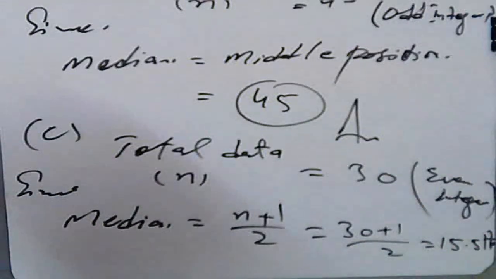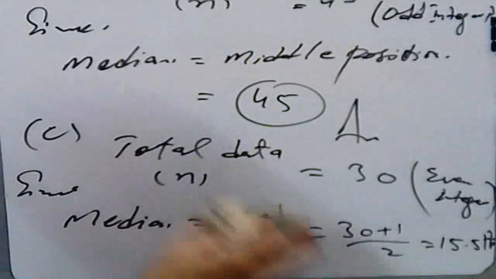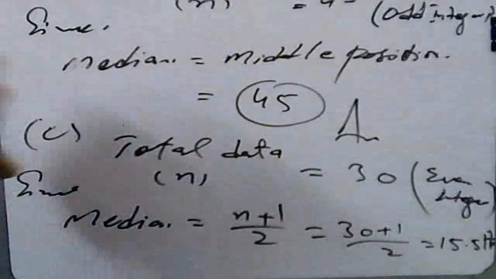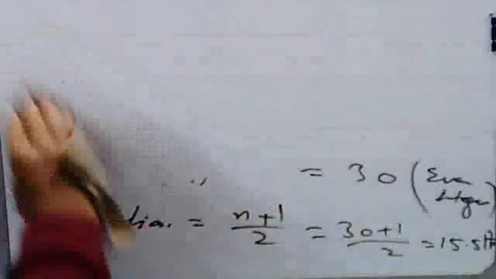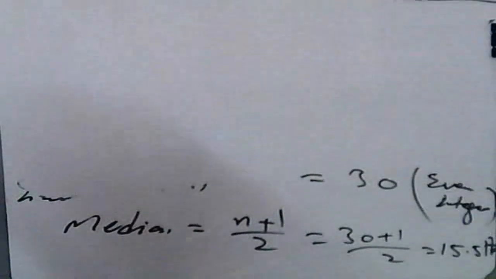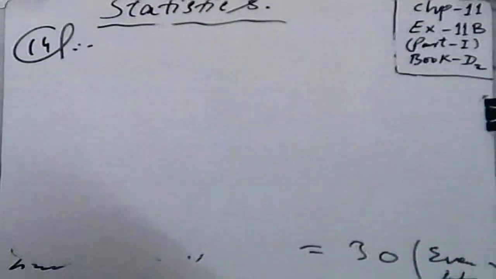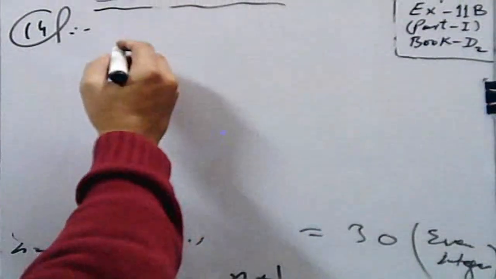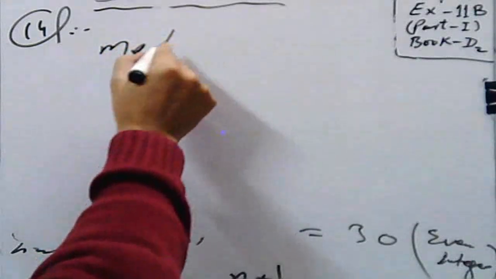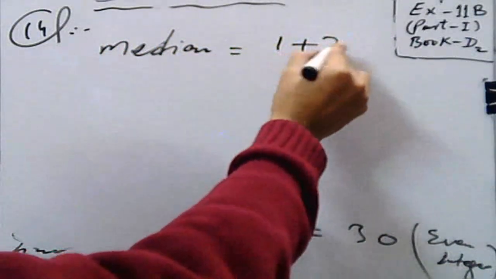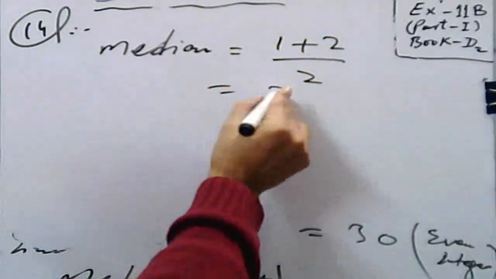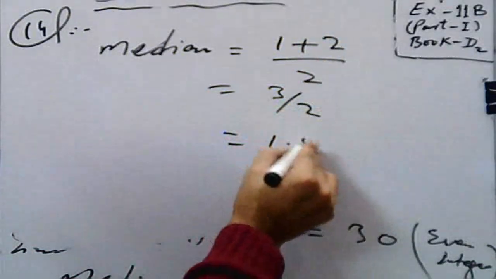It means that in the given data you should take the 15th and 16th terms. What are the 15th and 16th terms in the C section? In your textbook the 15th term is 1 and the 16th is 2, divided by 2, so you will get 3 by 2, and the answer is 1.5.